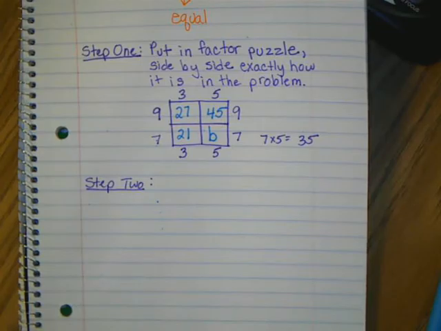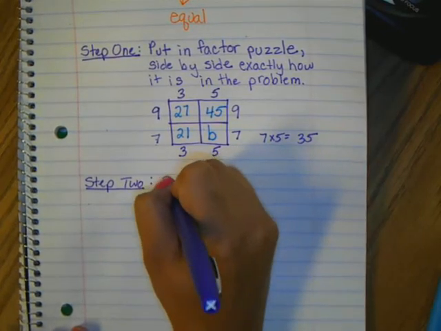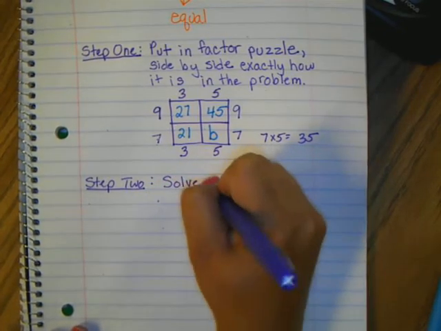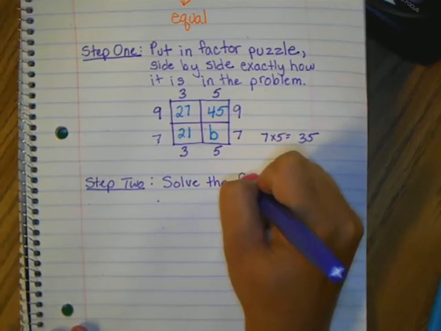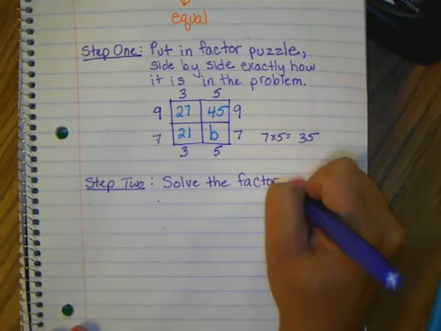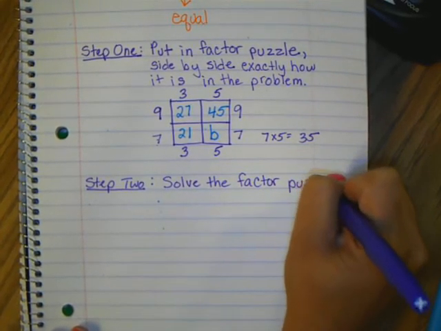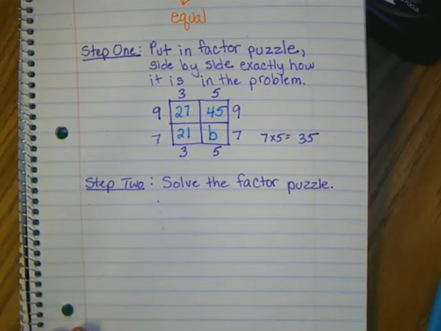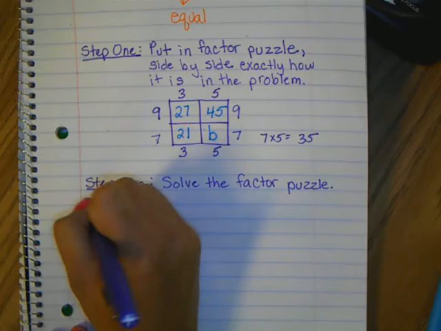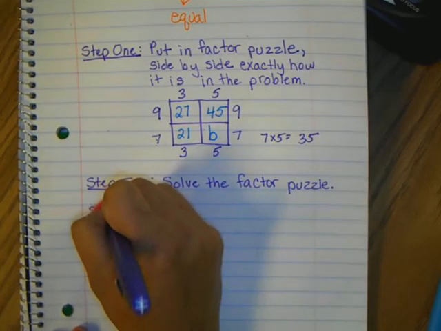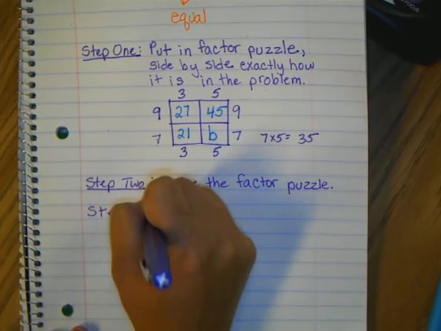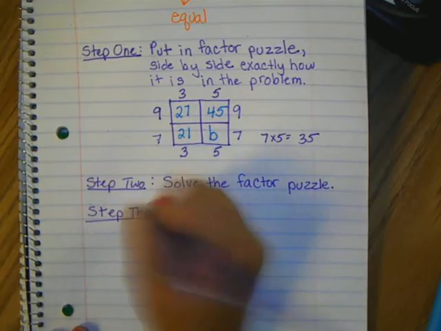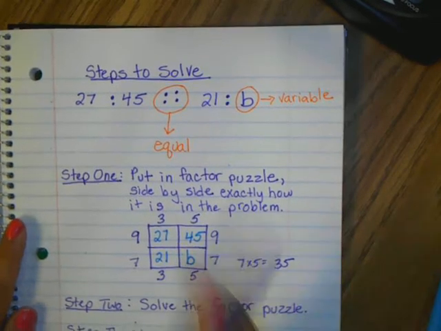So step 3, and the way we're going to write it, up here we have 27 to 45 equals 21 to B, right? So we just rewrite that, except instead of B, what are we going to put? 35. So step 3 is rewrite ratio.